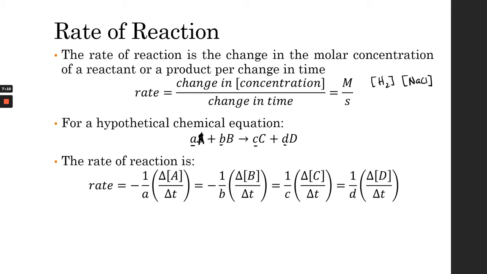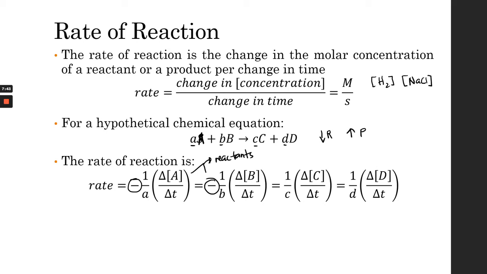Rate is equal to 1 over the coefficient of your first molecule or atom. And as you can see, we have negative signs. Negative signs are usually reserved for the reactants, and the reason for that is because as the chemical reaction occurs, the reactants lessen while the products increase.